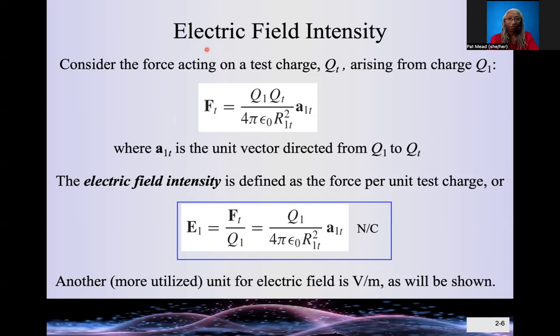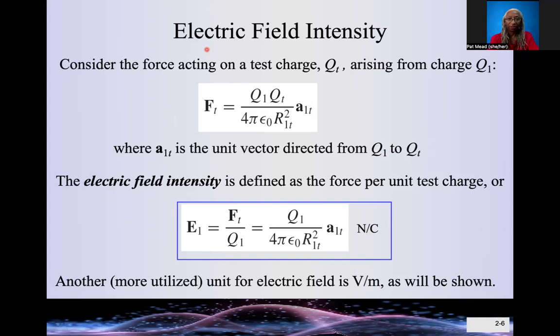Based on experiments by Charles Coulomb, we know that the force between two charged materials, or charged spheres in his case, could be expressed as Q1 Q2 over 4 pi epsilon naught r squared, where r is the distance between the two particles.